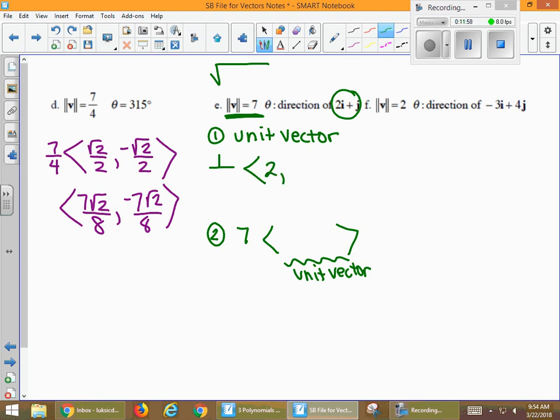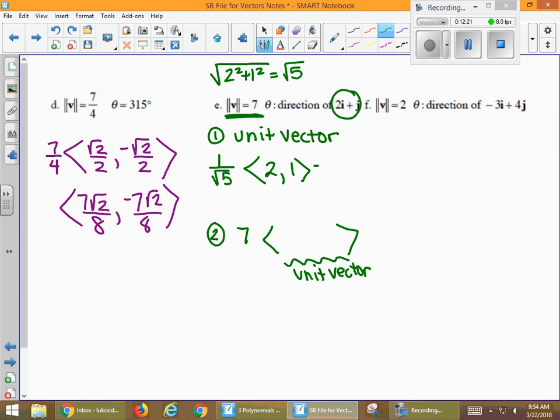And our vector here is 2, 1. So 2 squared plus 1 squared, 4, 5, square root of 5. So we're going to multiply our original vector by 1 over the magnitude. And you can rationalize it at any point that you want.